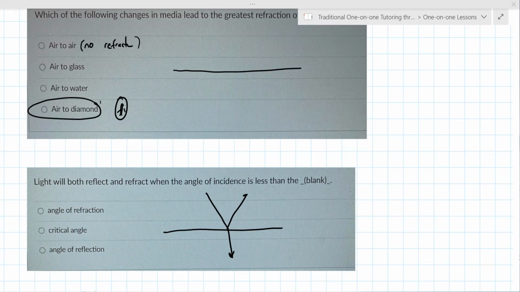That's probably why it's called a critical angle. There's total internal reflection.